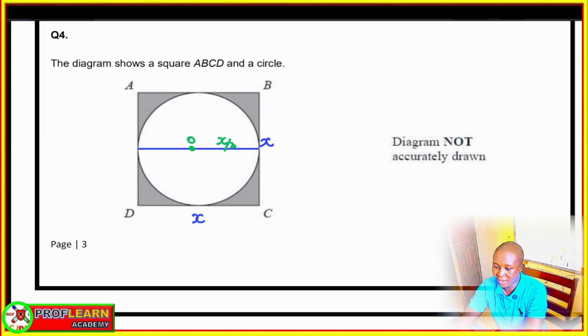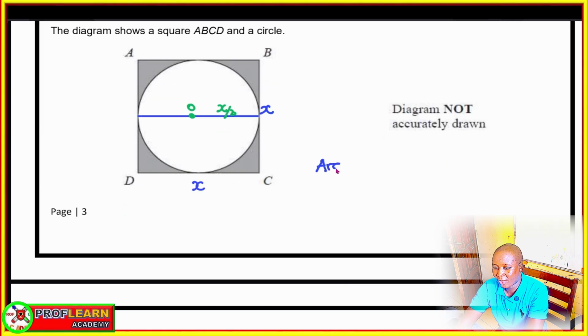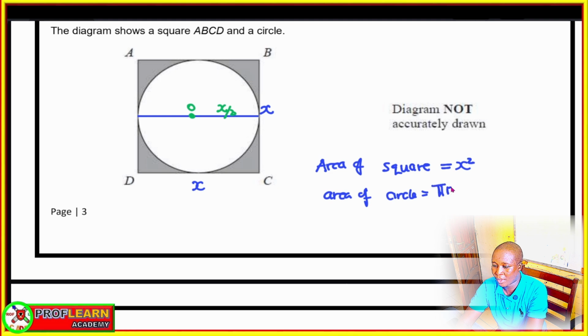Then the area of the square is x times x, which is x squared, and the area of the circle is pi r squared, which is pi times x over 2 squared. This translates to pi x squared over 4.